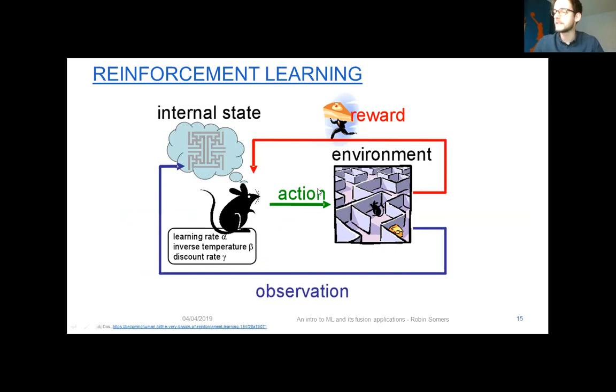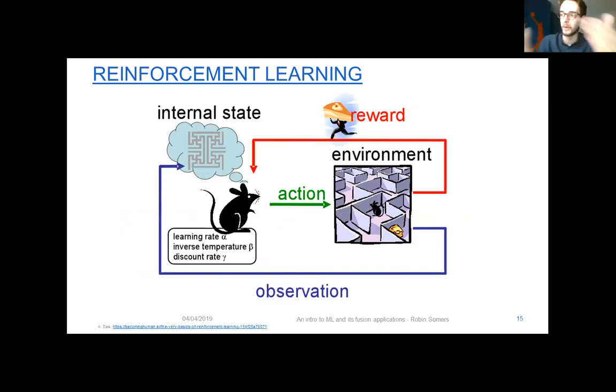So what we do is we let agents decide whether they do an action or not, and if it's a good action, so if it passes, for example, a gap, then we reward them with a piece of cake or with a piece of cheese. But if it's a bad action, we punish them. It's very complicated, but this is an easy way of putting it.